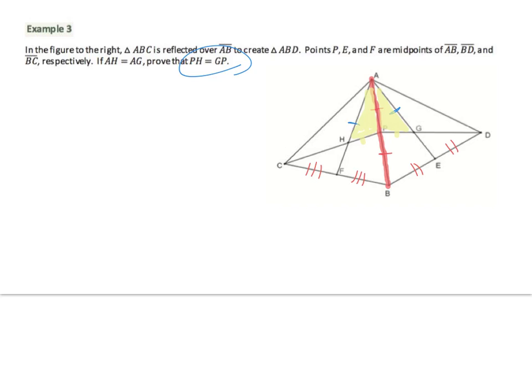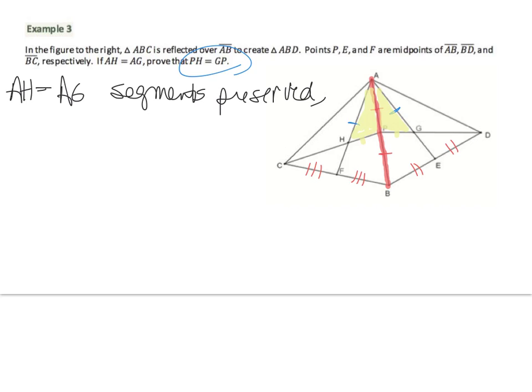So let's see. We have AH is equal to AG, because the segments are preserved by the reflection, rigid motion.